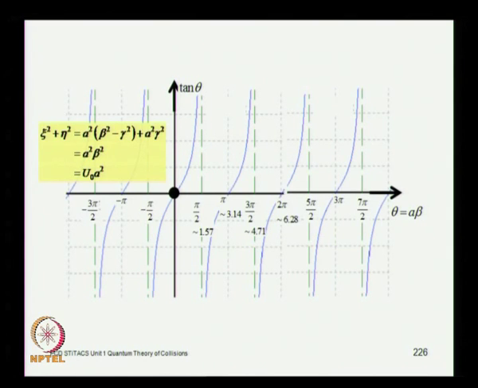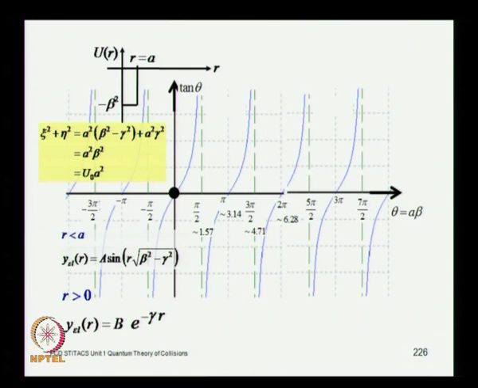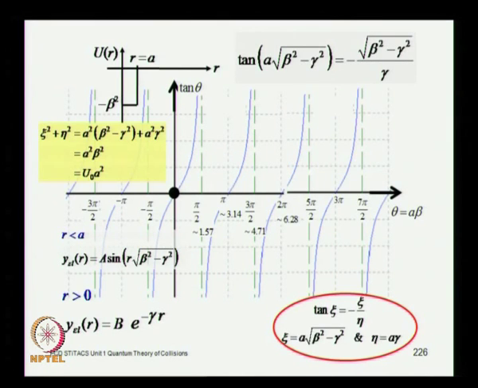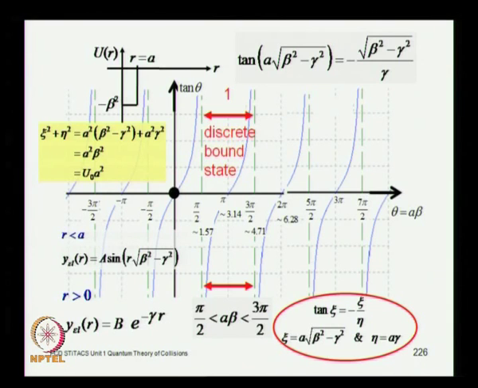And essentially what we find is what I mentioned earlier also, that for this square well spherical potential, these wave functions are the ones which give you the solutions to the Schrodinger equation, and from the continuity of the wave function and the continuity of its derivative at r equal to a, the number of bound states is 0 till a beta becomes at least pi by 2, and between pi by 2 and 3 pi by 2 you get 1 bound state, between 3 pi by 2 and 5 pi by 2 you get 2 discrete bound states.